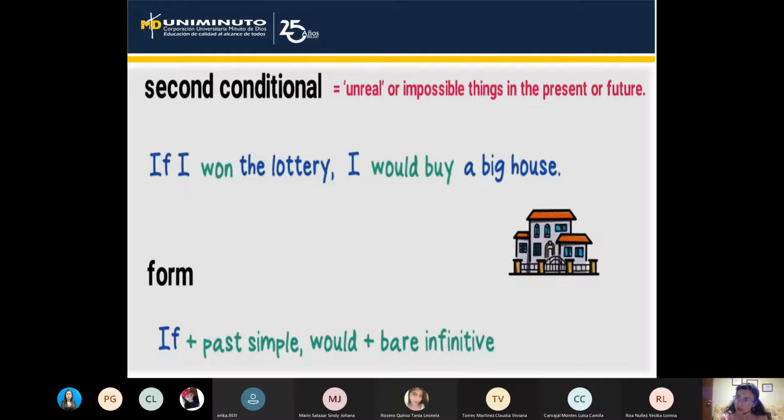The other conditional that we were working last class is the second conditional. This second conditional is to express unreal, remember, imaginary, impossible situations in the present or in the future, no? Imaginary situations, something that we use in order to express our dreams. Cuando queremos expresar nuestros sueños, nuestros deseos, lo que quisiéramos ser, pero que no lo somos, ahí es donde utilizamos esta segunda condicional.